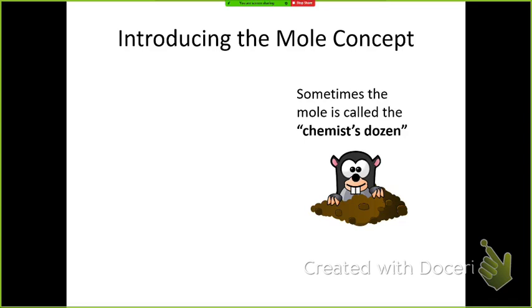So, like you saw in the videos yesterday, the mole is sometimes used like a dozen. Okay, so sometimes it's called the chemist's dozen. Sometimes we write out the entire word, M-O-L-E. Sometimes, if we want to abbreviate it, we write M-O-L.